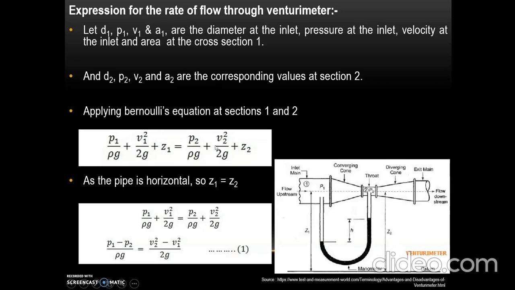And since Z1 is equal to Z2, we can rewrite this equation as P1 by rho g plus V1 square by 2g equal to P2 by rho g plus V2 square by 2g. By rearranging the terms, we get P1 minus P2 divided by rho g equal to V2 square minus V1 square divided by 2g, and let this be equation 1.